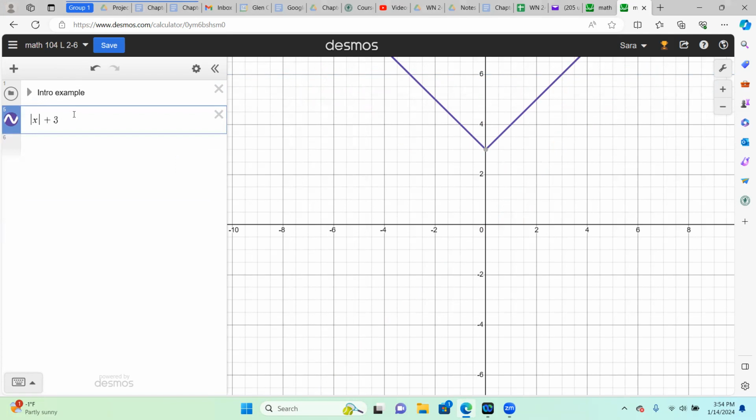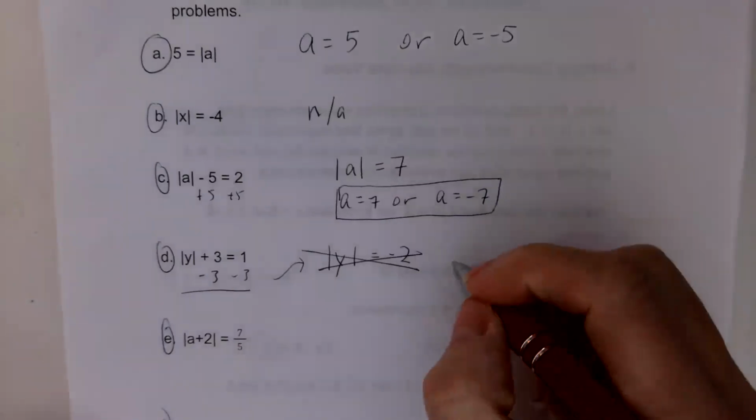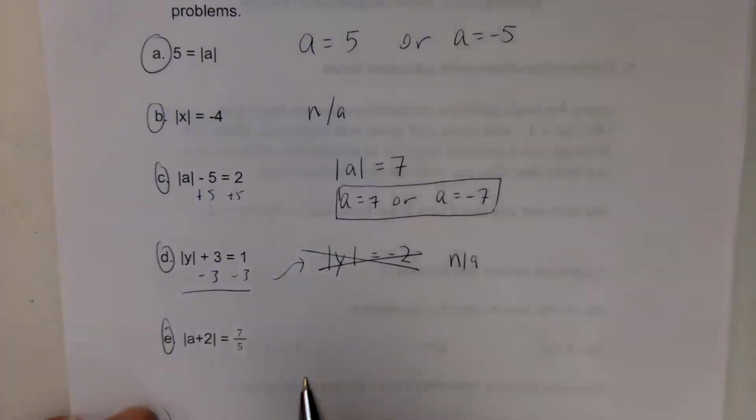It's the absolute value of X plus 3. And then I'm going to set that equal to Y. And then down here, I'm going to say Y equals 1. So look, the absolute value of X plus 3 cannot ever equal 1. That's exactly what we showed in our example. So that's another not available.